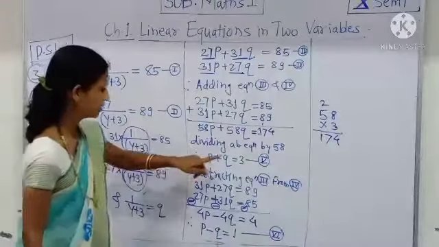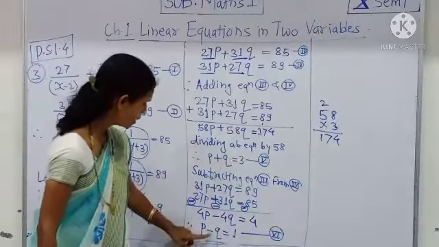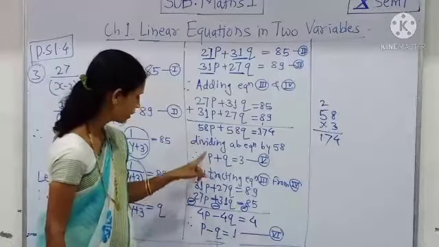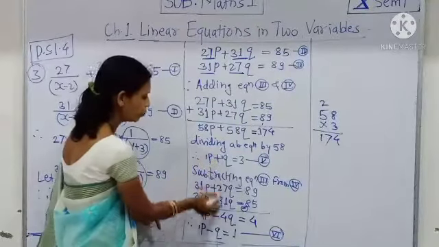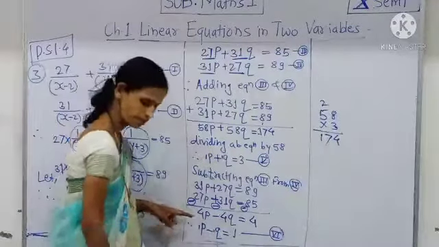Then see here, equation number 5 and equation number 6, in which the coefficients of p and q both are equal.